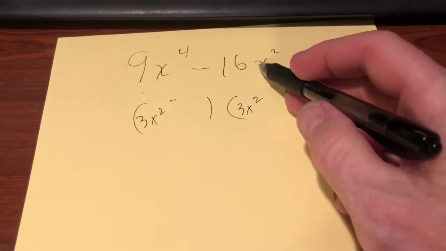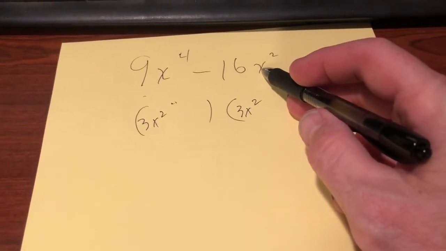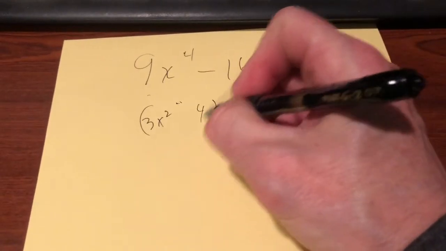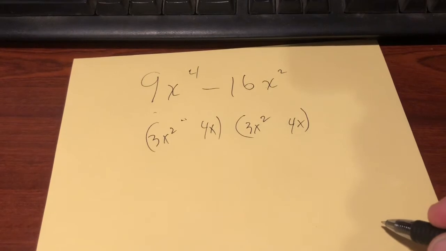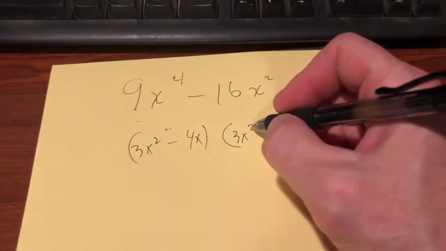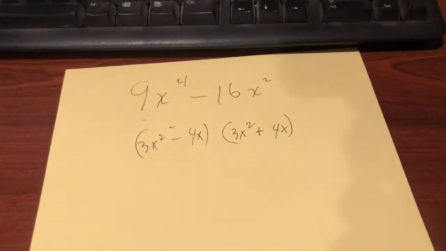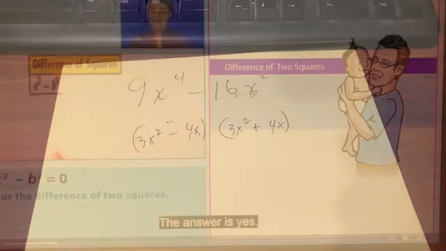And what two factors of 16x squared would be the same, and when multiplied together would give you 16x squared? Well, 4x and 4x, right? Okay, now we just go like this, minus, plus, or plus minus, either way. And that's it. Your factoring is done. That is your final answer.